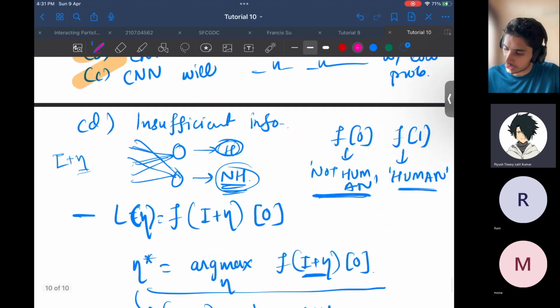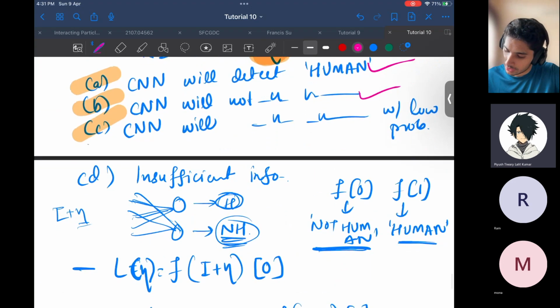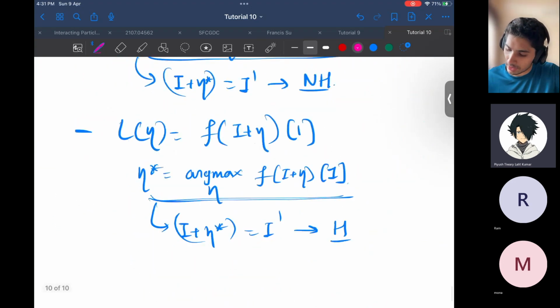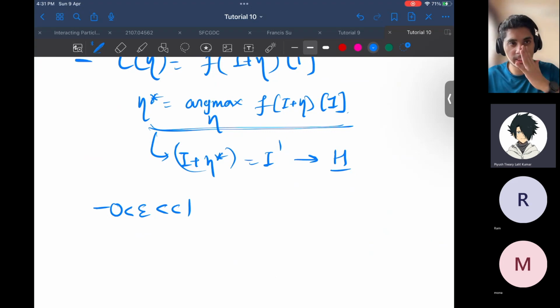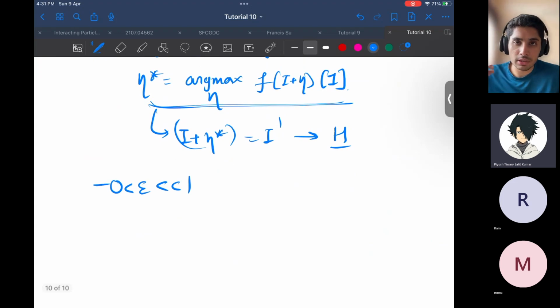Now let's say for the third option, with low probability, I fix some epsilon which is much, much less than one, but greater than zero. This is possible, right? Basically I'm taking a number which is very small in probability.